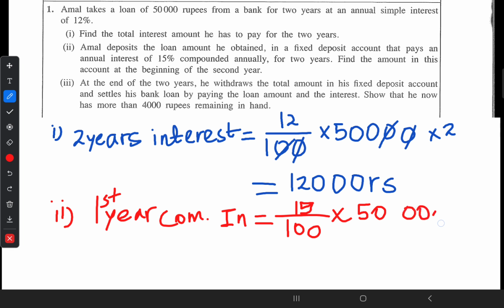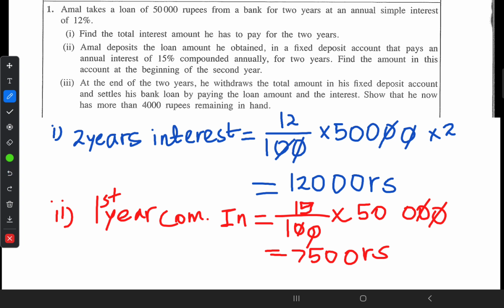So 50,000, which will give you 7,500. So for the first year, he is receiving 7,500 rupees as interest. But the question is asking to find the amount in this account at the beginning of the second year.